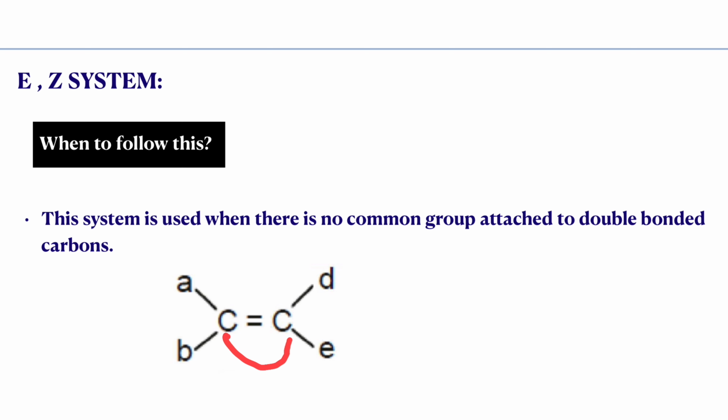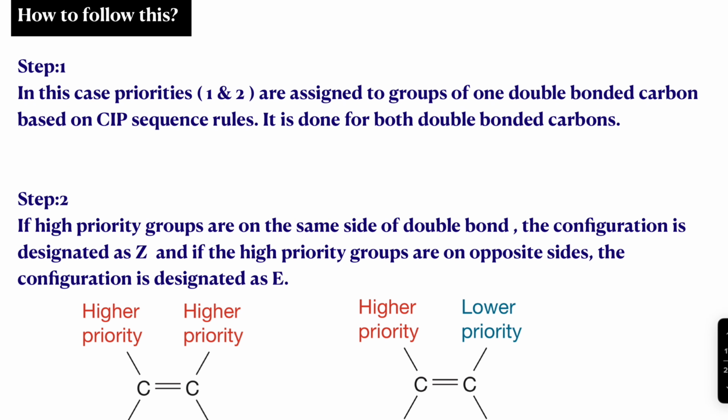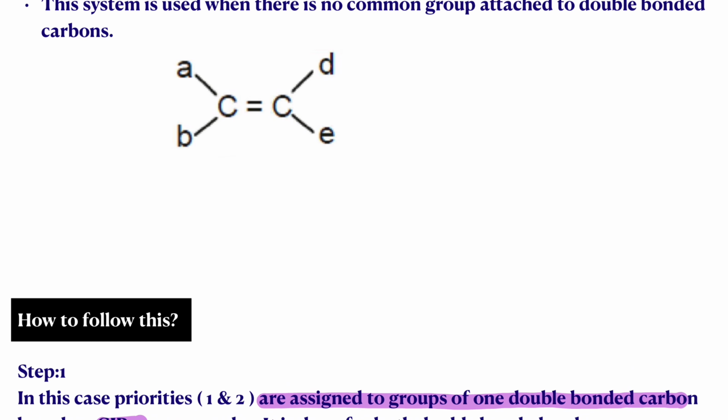Whenever common groups are absent, in that situation we have to represent the geometrical isomers of such alkenes by using the EZ system of configuration. How to follow this EZ system? You have to apply this configuration in 2 steps. In the first step, you have to give priorities to the 2 groups of one double bonded carbon by using CIP rules. So in the first step, these are the 2 groups of the first sp2 carbon, these are the 2 groups of the second sp2 carbon.